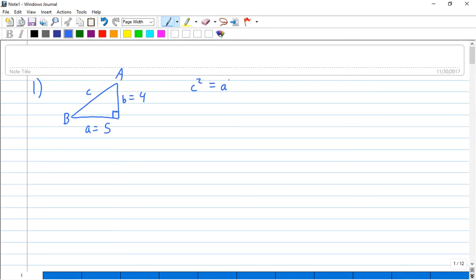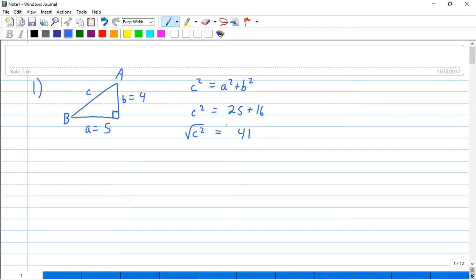So C squared equals A squared plus B squared. So C squared equals 5 squared is 25, and then 4 squared is 16. So C squared equals 41.